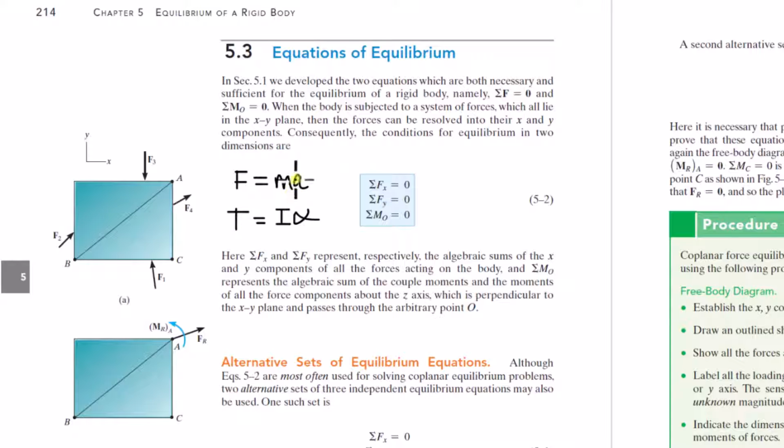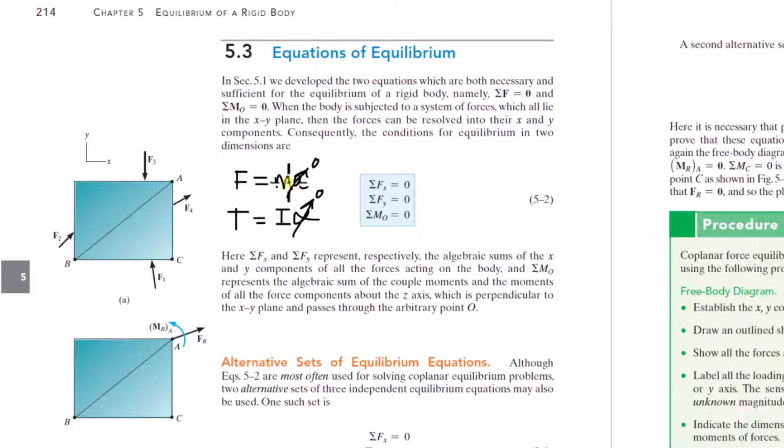Well, for equilibrium, the linear acceleration is 0 and the angular acceleration is 0. So the idea is the sum of the forces, if you're thinking about this like the general vector sum we started this chapter with, if you simplify everything down to an equivalent force at a point, that force is going to be 0.